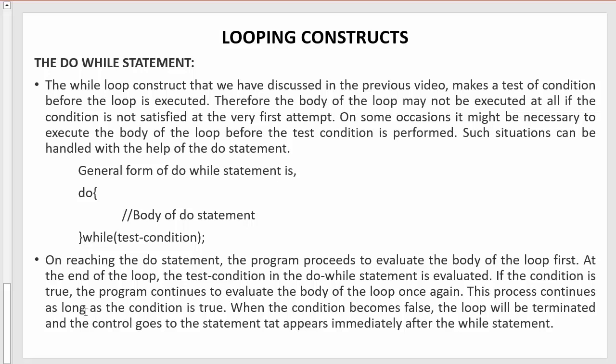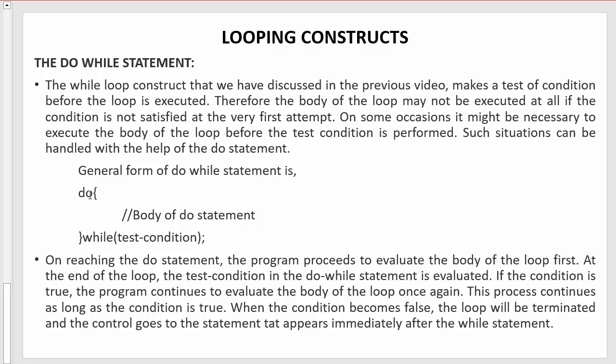If the condition is true, the program continues to execute the body of the loop once again. That means if the condition is satisfied, control goes back to do, where the body of the statement gets executed again. This process continues as long as the condition is true.